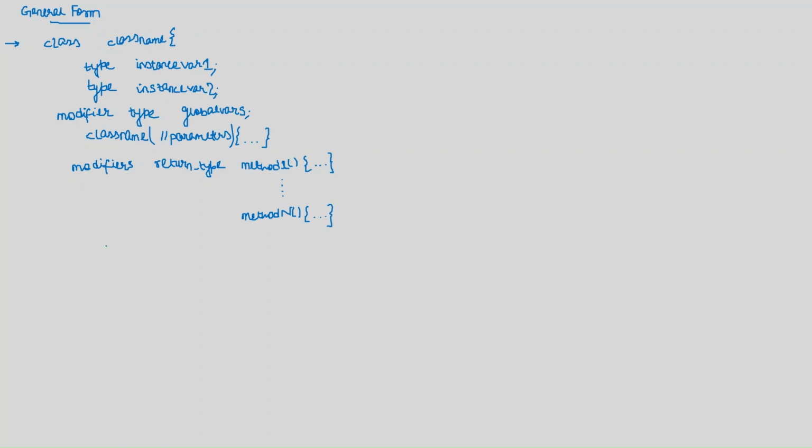Within these methods we can also have parameters, which really depends on you and what kind of methods you are using, and then that's it. So this is the general format of a class. Now let us break down all these terms in a simpler manner.